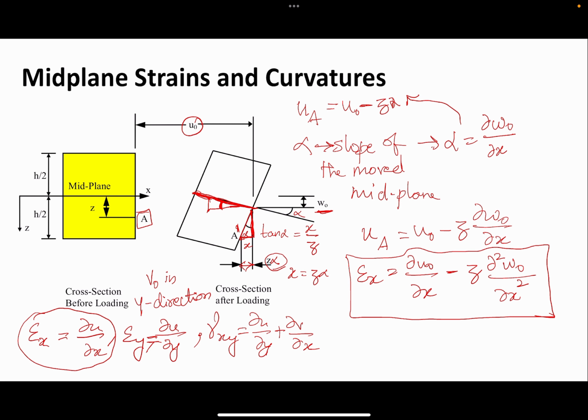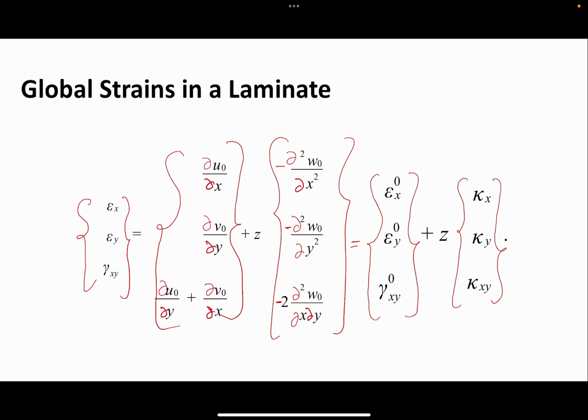Similarly, if you simplify for the other directions and the shear strain, you have this equation for epsilon x, epsilon y, gamma xy. Epsilon x is dou u naught by dou x plus z times minus dou square w naught by dou x squared, because we are writing it in matrix form.